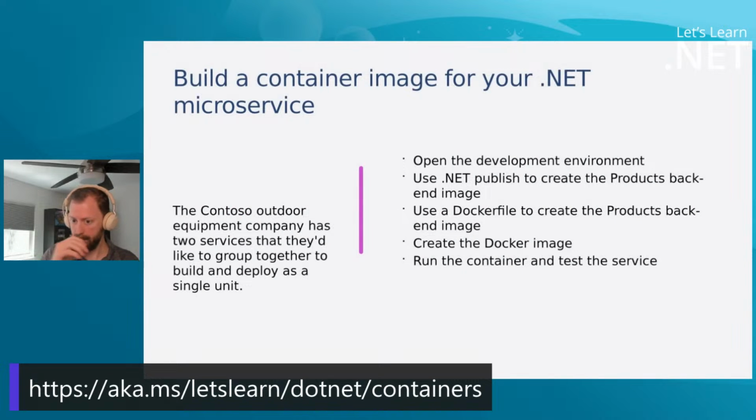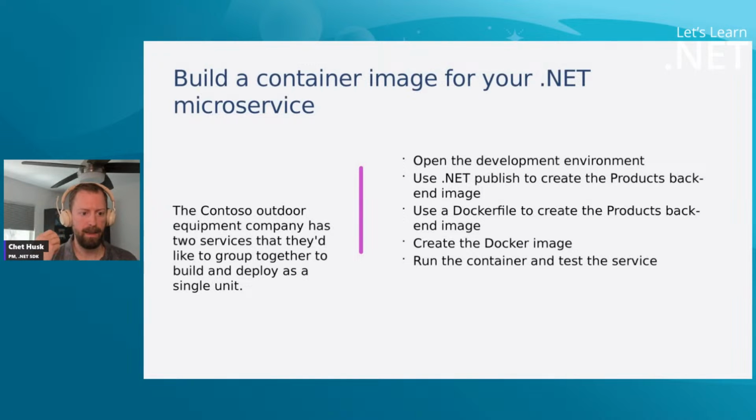Okay, so here is the problem statement of what we are going to do today. We have a sample repo that I'll show in just a moment that has two services that we would like to build and deploy because they go together. One is an API that returns a list of products for a storefront, and the second is the UI for that storefront that can display the list of products.